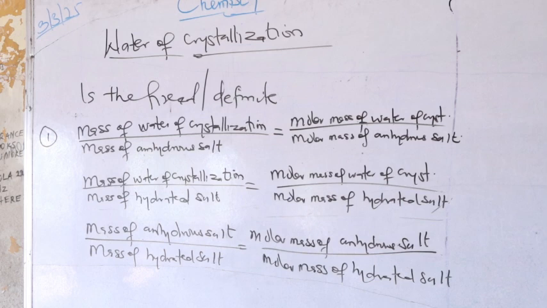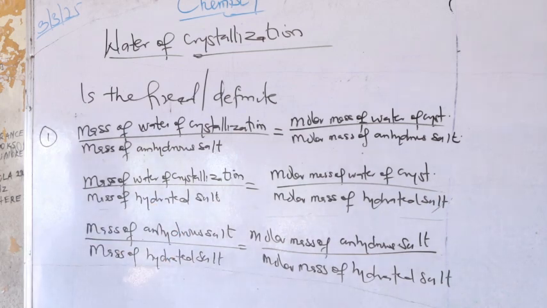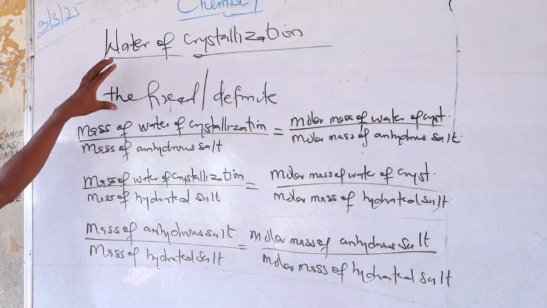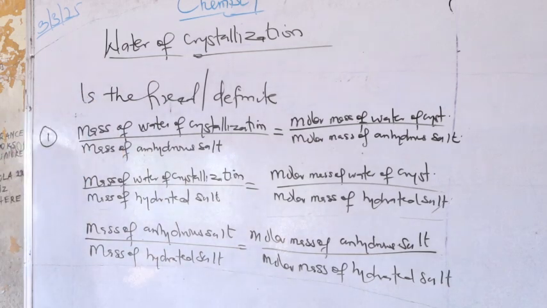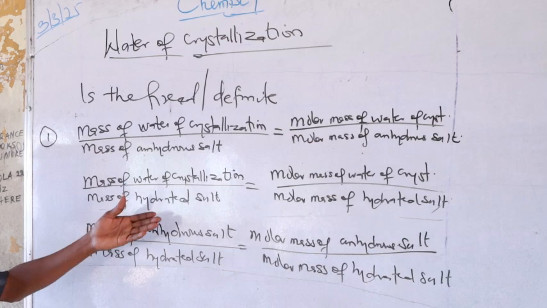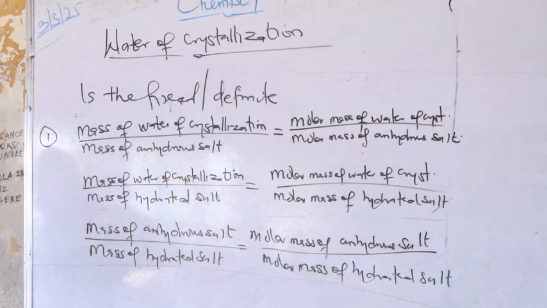All you need to know is the molar mass and the mass of the hydrated salt. What we call hydrated salt is a salt that has water of crystallization, and the anhydrous salt is going to be that salt without water of crystallization.